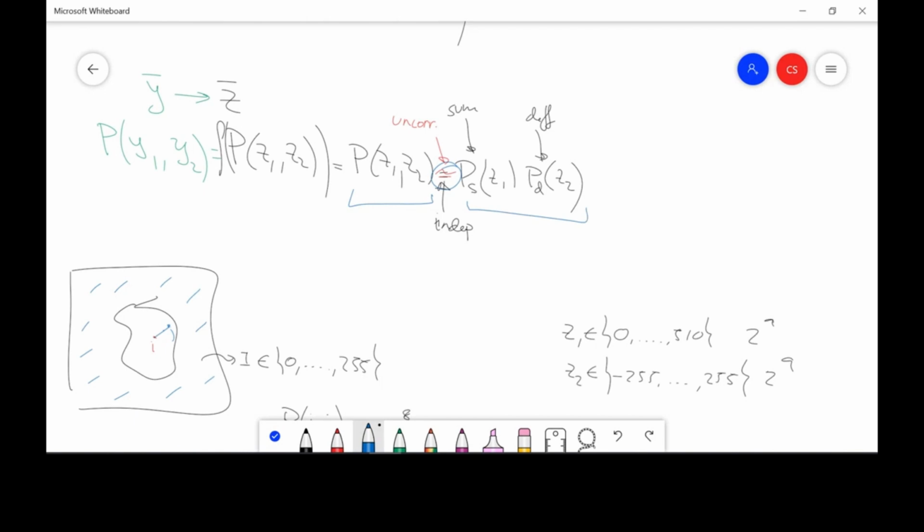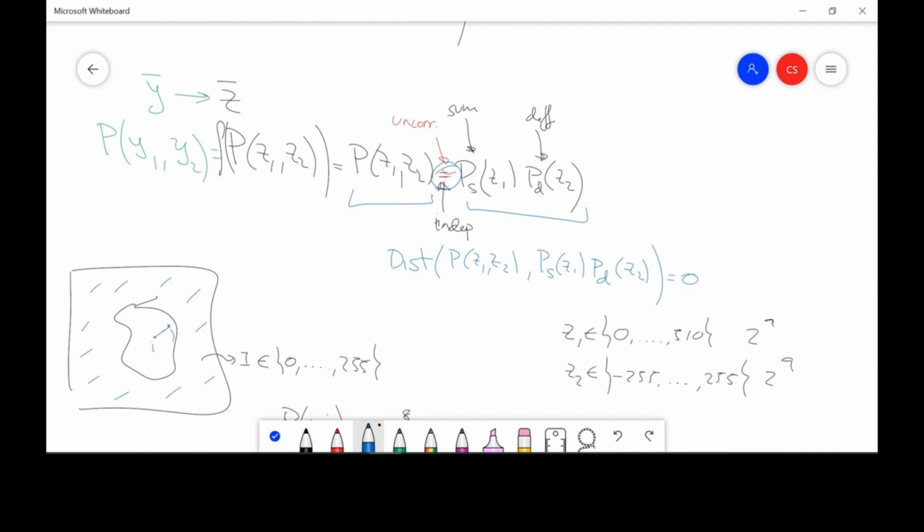Can I compute the kind of distance between this probability density function, the joint, and the approximation assuming that they are independent? If they are equal, this distance should be 0.